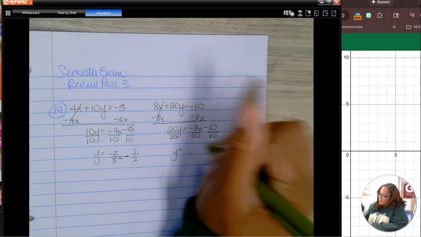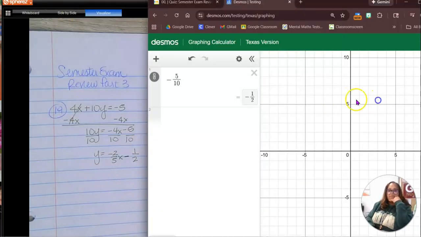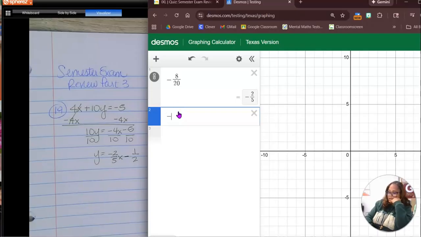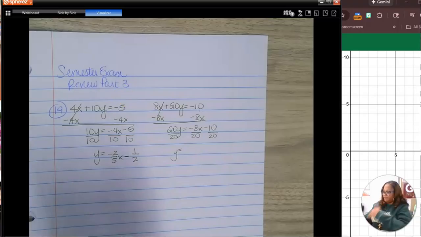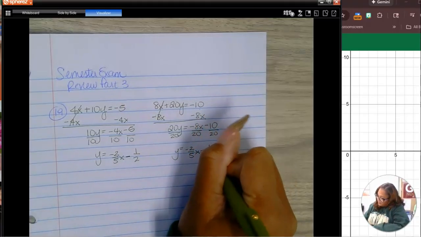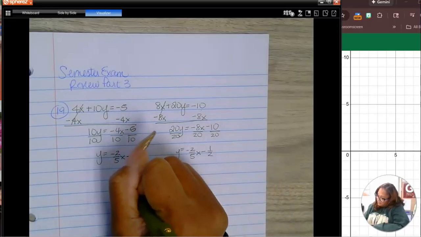And y is equal to, back to Desmos, negative 8/20, which is negative 2/5. And negative 10/20 is negative 1/2. Same line.